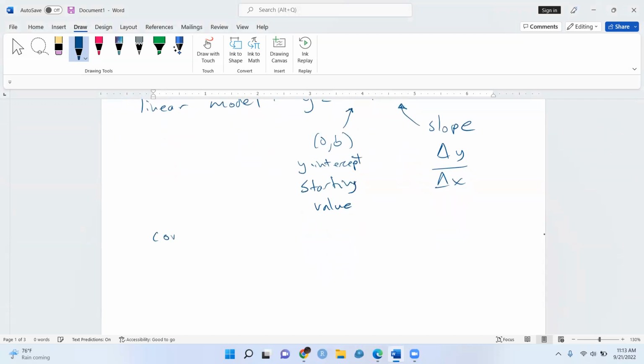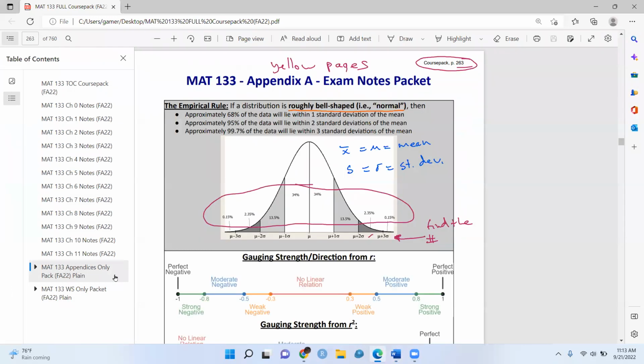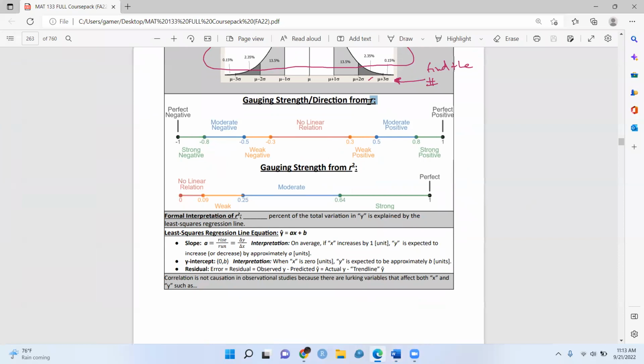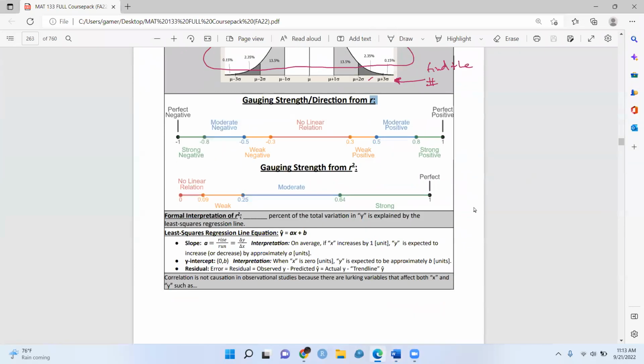Related to this is the correlation coefficient. And really, I don't think we need to write any of this down in your personal reference sheets, because it's all on the provided reference sheet. So maybe we just need to go practice. It's right here. So here's R, its correlation coefficient. This is that page 263.